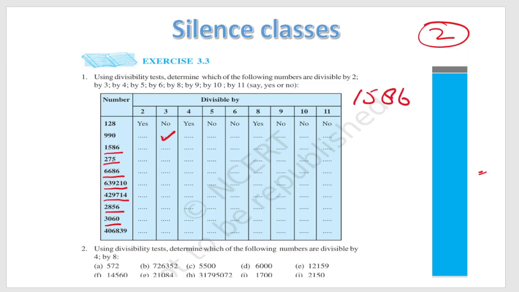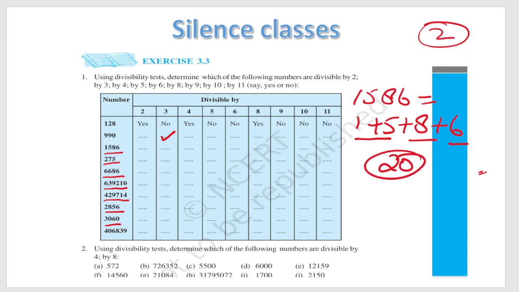Let's add the number, 1 plus 5 plus 8 plus 6. 1 plus 5 is 6, 6 plus 6 is 12, 12 plus 8 is 20. And 20 is not divisible by 3. So this number is also not divisible by 3. I hope you guys understood.